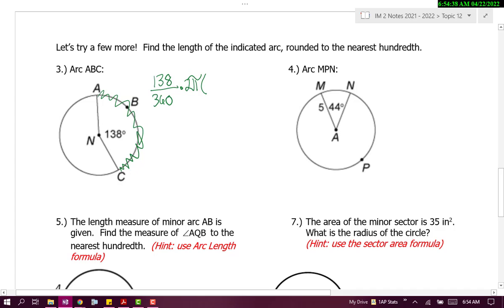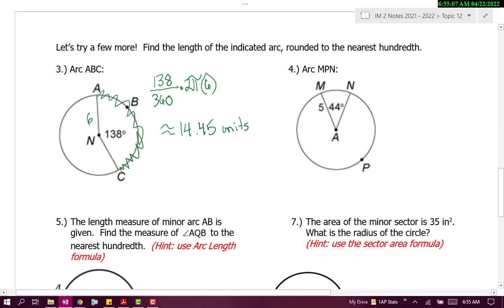We don't have r. I don't know why, but we'll just pretend it's 6. Again, just multiply all that up. We get approximately 14.45 inches, or not inches, sorry, units. There's no units there, but I still want us to get in the hang of doing that.